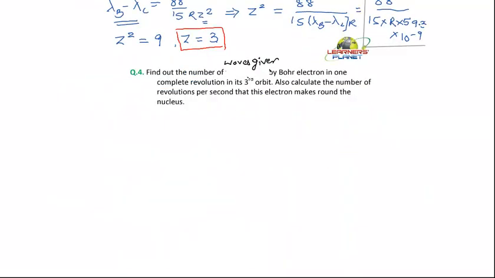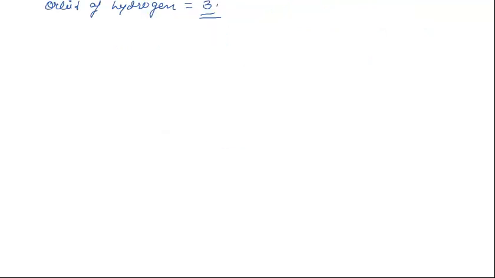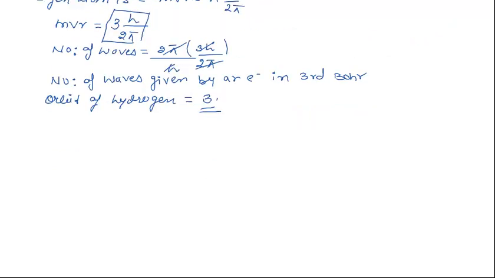right? So the first part of the question we have calculated, that is the number of waves given by an electron in third Bohr orbit is 3, right? Now we have to calculate the number of revolutions, right?